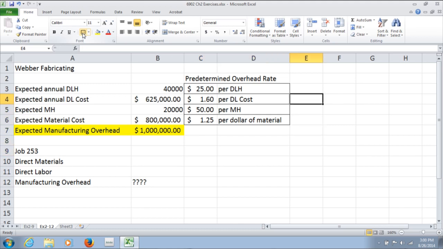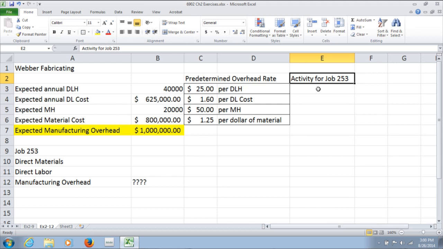So if we put over here in column E, activity for job 253, the number of direct labor hours worked, here we had 150 hours.